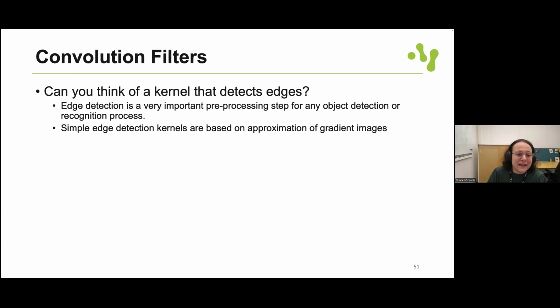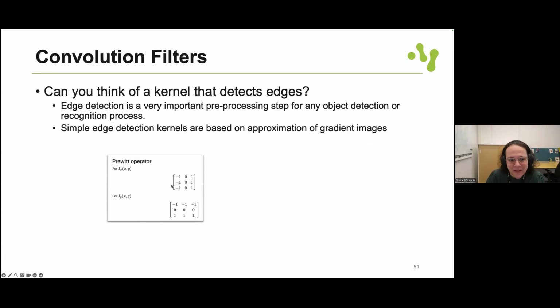Here's just an example. If you want to think more about how these kernels are defined, this one is for edge detection, and we can see that the left side is actually a subtraction from the right side. Here's a horizontal detector, and here's a vertical detector.